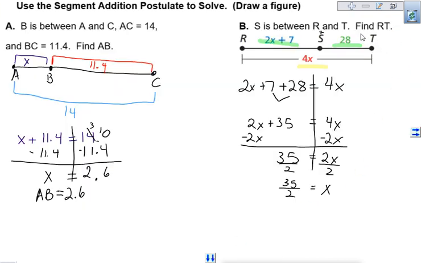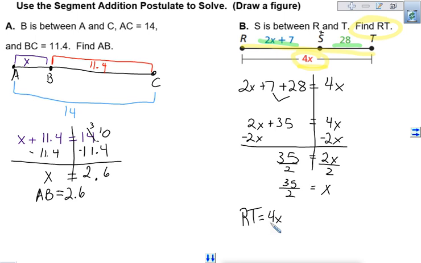because we still need to find RT. And notice that RT was this whole thing, and our whole thing was 4x. Now, I know some of you are going to say, oh, I got my answer, RT equals 4x. And you're going to get it wrong, because it asks what is the length of RT.